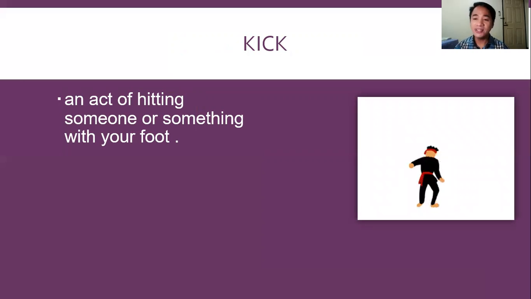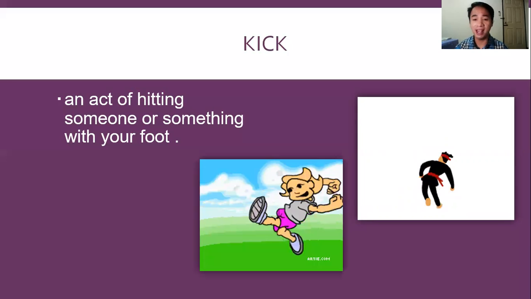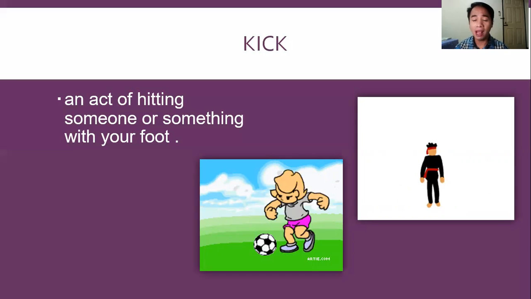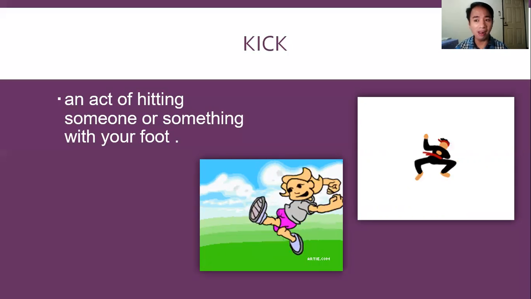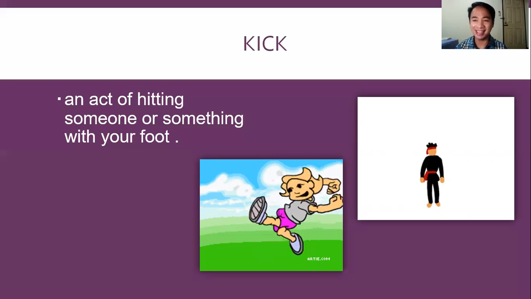He is playing taekwondo or karate, so you have to kick. Another example is when you play soccer. You have to hit the ball, so you have to kick the ball. So this is the word kick.